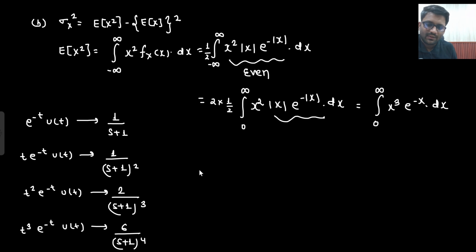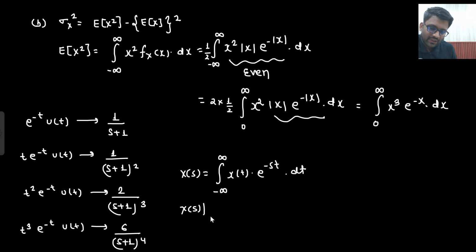Now you know that Laplace transform is given as minus infinity to infinity x of t e to the power minus st dt. Right? Now here in place of s, if I put 0, what I will be getting?